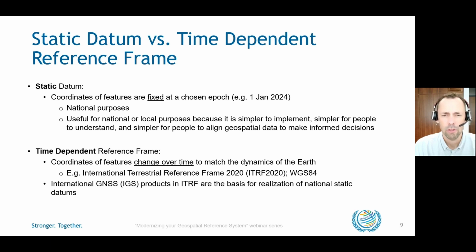ITRF is the reference frame in which GNSS products, including position and navigation services we benefit from every day, are provided to users. For this reason, national datums should be aligned to ITRF, either 2020 as the most recent realization or another.